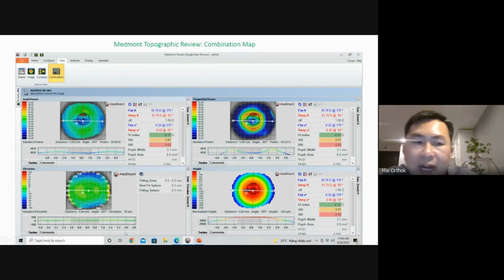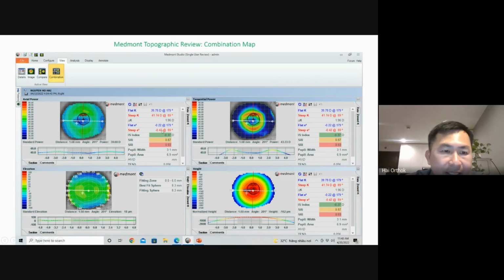If you provide me the information extracted from the file instead of giving me a picture, then I can load it into my computer and review exactly the same as you review at your facility.